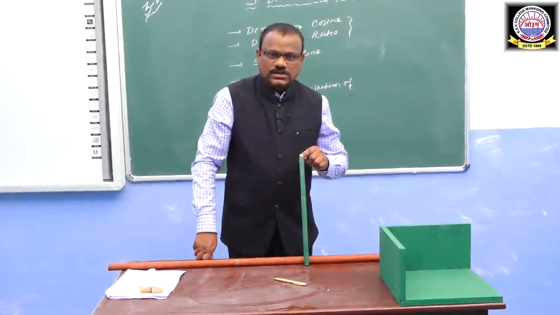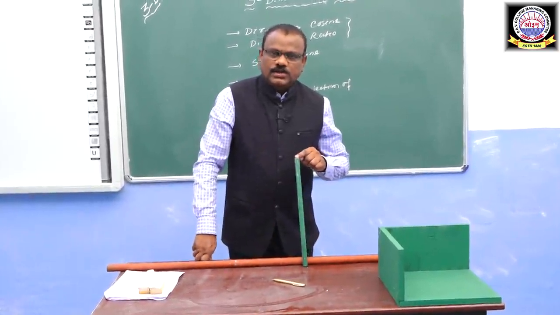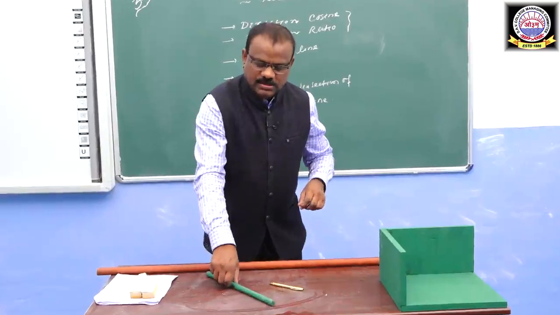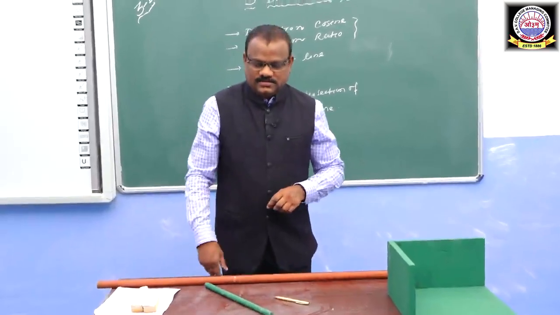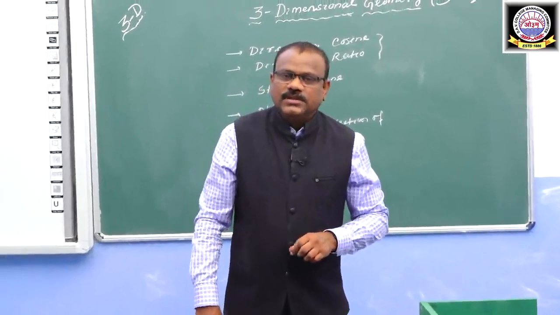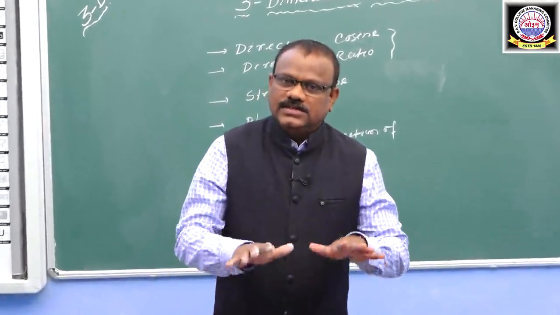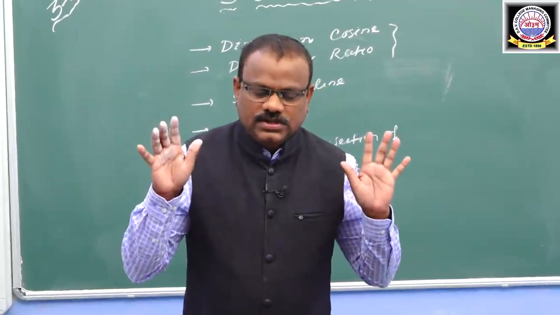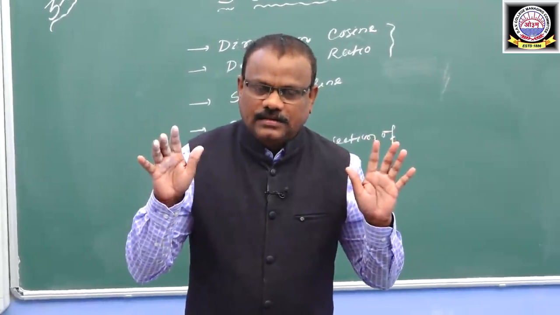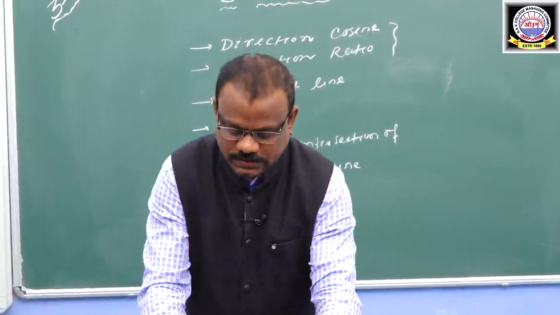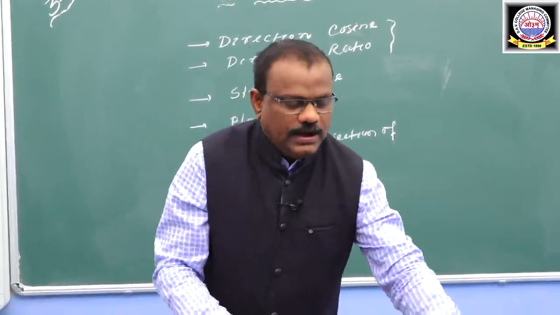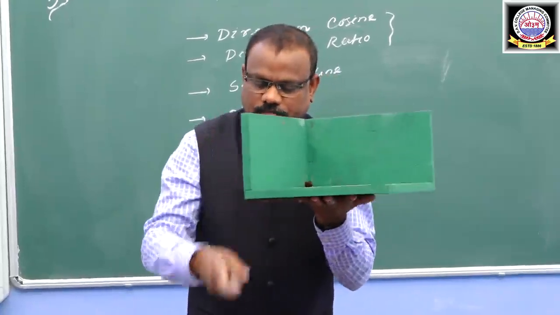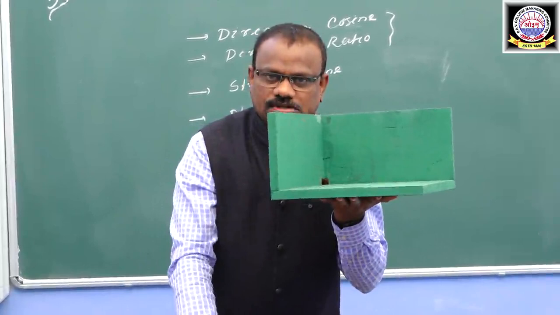So my point is to say, what is the definition of the coplanarity of the three vectors? Coplanarity of the three vectors is if the three vectors are lying on the same plane or a parallel plane. So let us discuss, suppose they are lying on a parallel plane. I am taking these two vectors in this plane, and this is a vector parallel to the surface of the table.